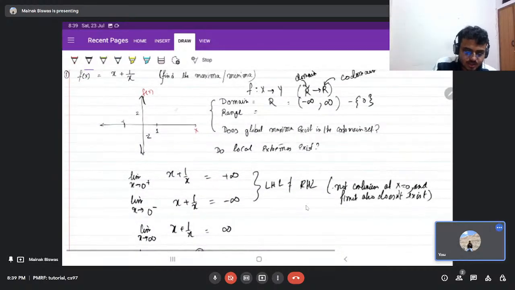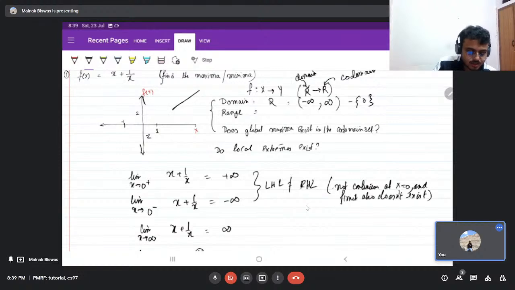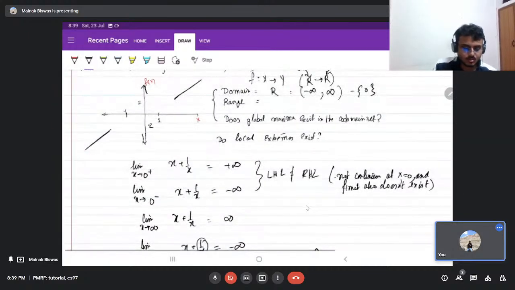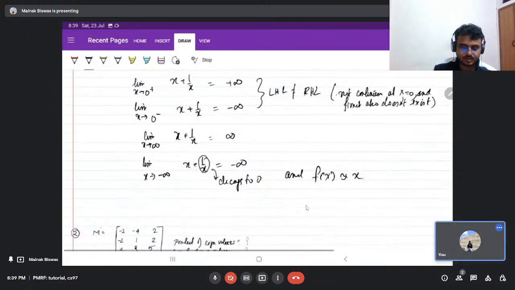So after a certain point we can expect a linear sort of characteristic of this function, both increasing and decreasing to infinity.